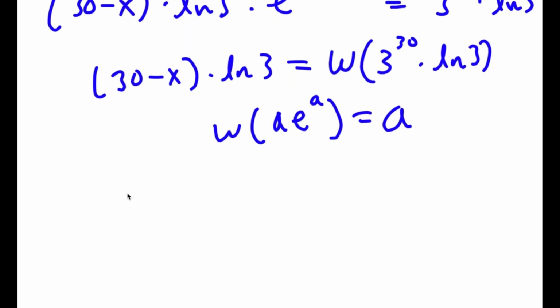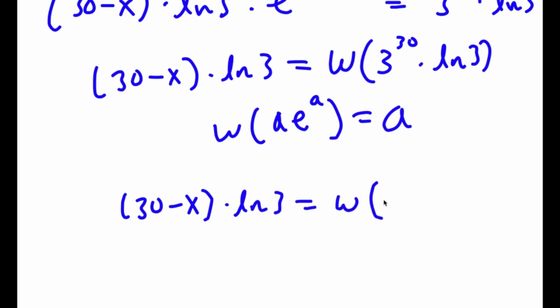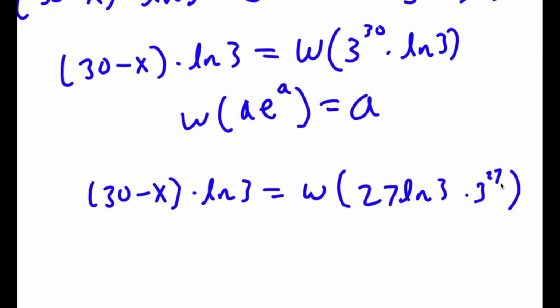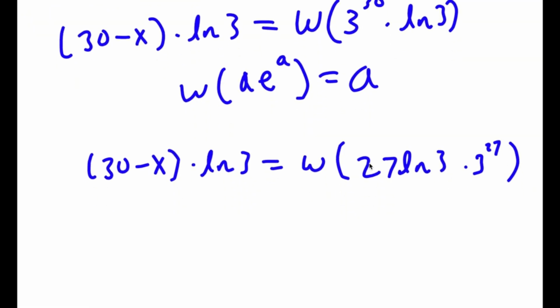So to do that, I'm going to change this to (30 minus x) times ln 3 is equal to the Lambert W function of 27 ln 3 times 3 to the power of 27. So I simply just took off 3 to the power of 3 from 3 to the power of 30.